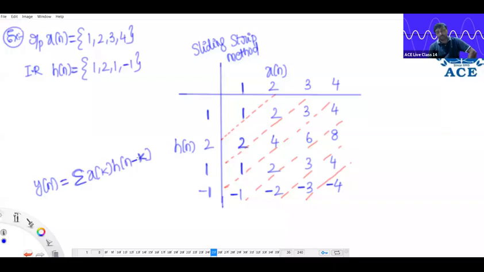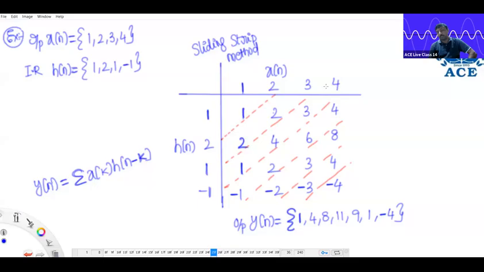This sliding arrangement indirectly means shifting. Add the values inside each strip, that is the overall output. First one, next 2 plus 2, 4. 3 plus 4 plus 1, 8. That is called the sliding strip method.